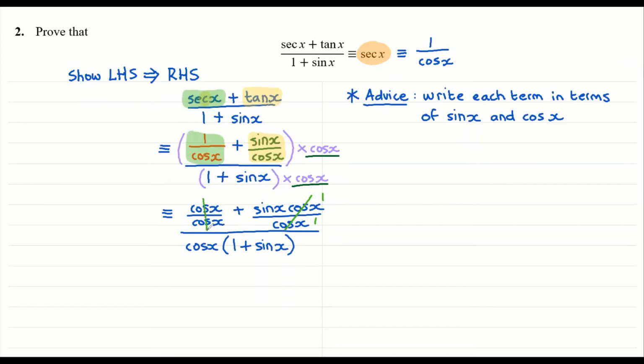And the cos x is going to cancel there, so that's going to be 1 over 1. So let's just write out the tidied up version. This is going to be 1 plus, now the cos x have gone, so I'm just left with sine x. And that's going to be divided by cos x multiplying 1 plus sine x.